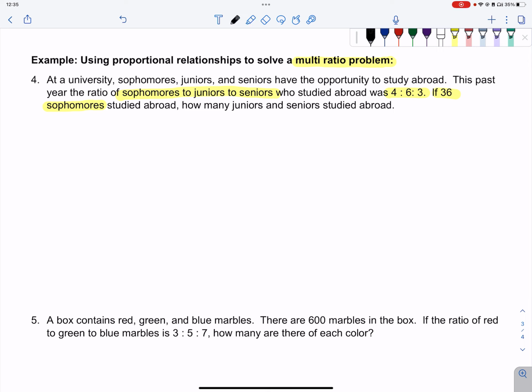So now from this multi-ratio that we have been given, we need to figure out what our sophomore to junior ratio is, and we also need the sophomore to senior ratio. This is because we are going to have to set up 2 different proportions to figure out how many juniors there are and how many seniors there are.